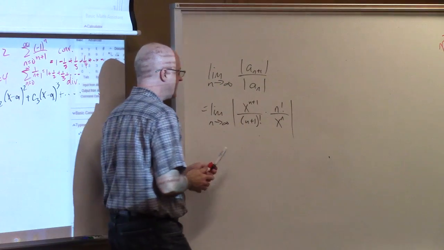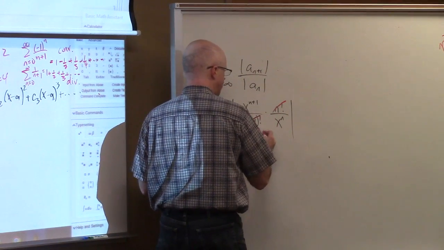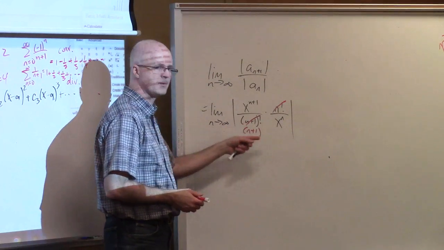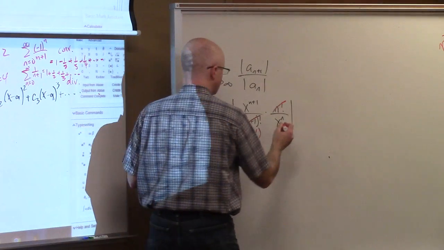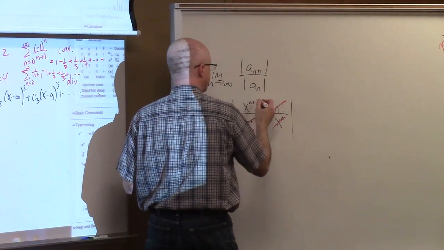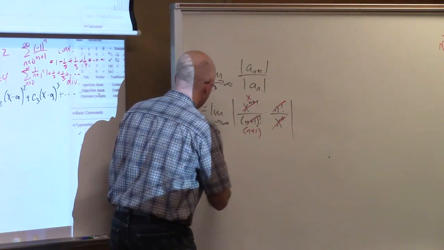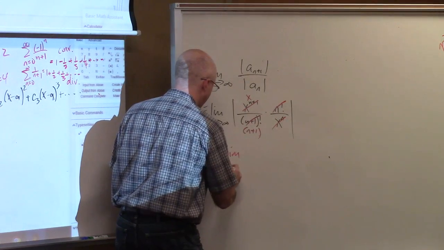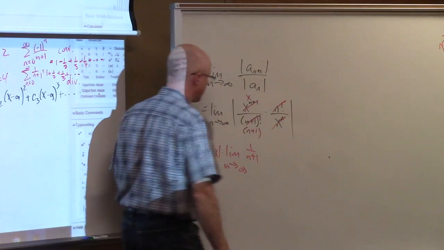As usual, the n factorials cancel to leave an n plus 1 right there after cancellation, because that's n plus 1 times n factorial. And the x to the n's will cancel with all these except for one of them. You'll be left with just one x. You can pull the absolute value of x in front, and here's what you're left with. You can get rid of the absolute values around n plus 1.